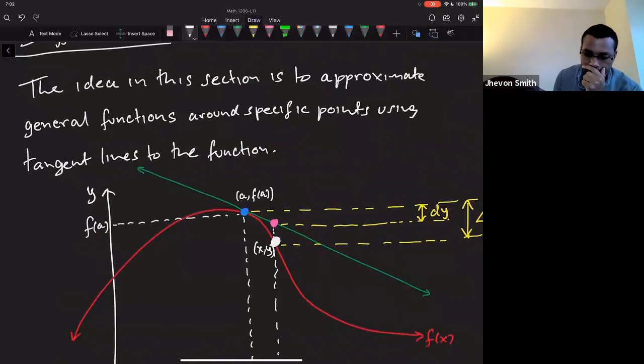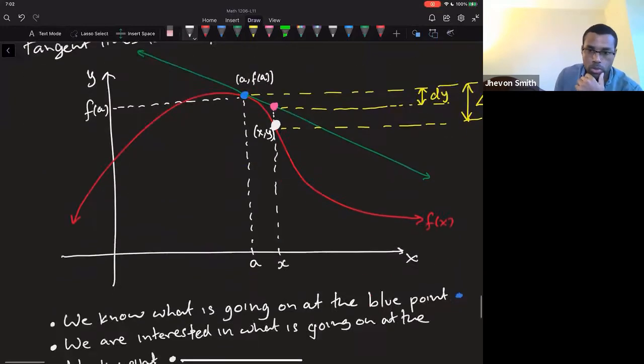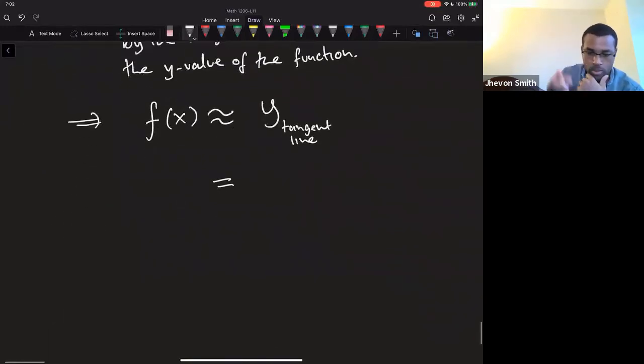This tangent line is passing through the point a comma f of a, so that's like your x1, y1, and its slope is going to be given by the derivative of the function. So it'll be f of a plus f prime of a times x minus a.